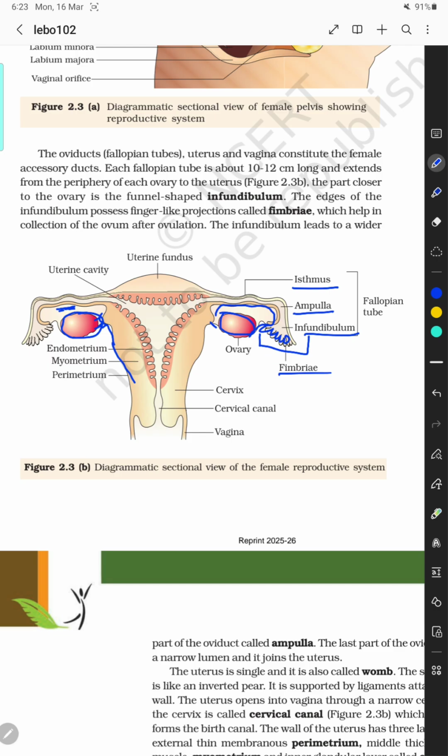It helps in capturing the egg that is released from the ovary. Then the egg passes through the ampulla, and in the ampulla the fertilization takes place, and after fertilization the development of the embryo takes place in the isthmus. So this is about your fallopian tube.